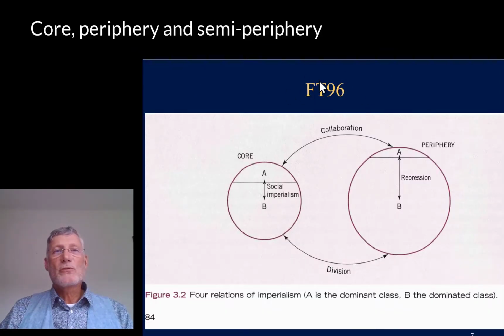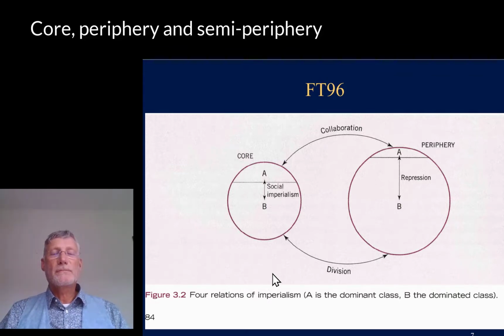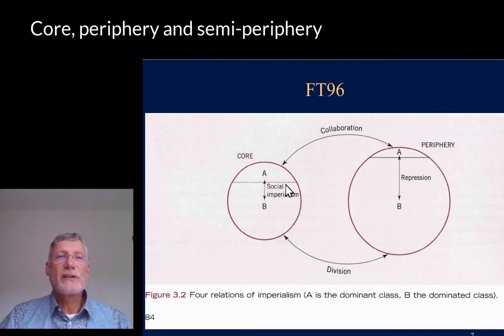Later on, when you talk about imperialism, there's this nice figure of Galtung, where he also makes the distinction between core and periphery and different types of classes: a dominant class who profits from the system, but also a class who profits from the system in the periphery. And these two classes, on the one hand, collaborate.